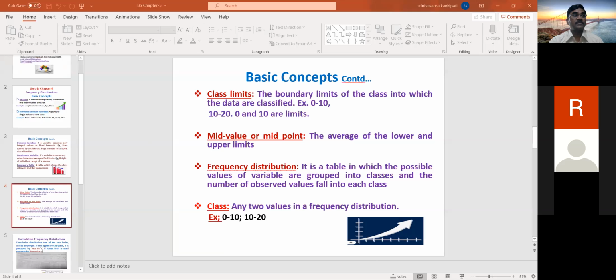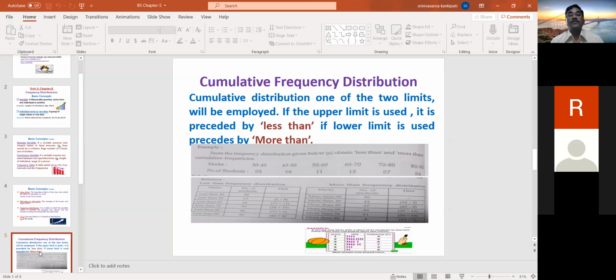What is the next one? Next one is the cumulative frequency distribution. What does it mean? In a cumulative distribution, one of the two limits will be employed. If the upper limit is used, it is preceded by the words less than.